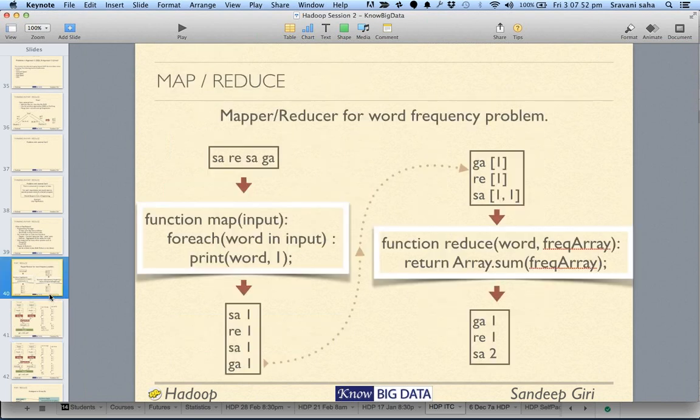So now the question to you is, had your reduce function been array.count instead of array.sum, would the result still be the same? Array.count essentially counts the number of elements in the array. Chetra says no. What do you think the output could have been here?